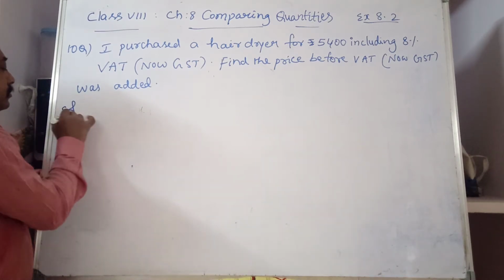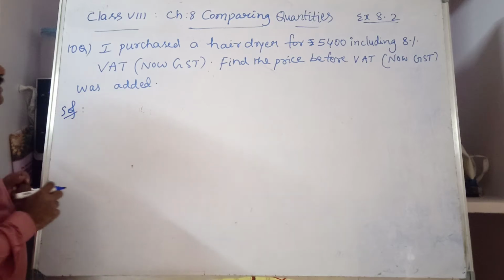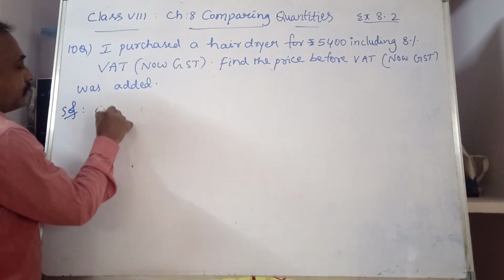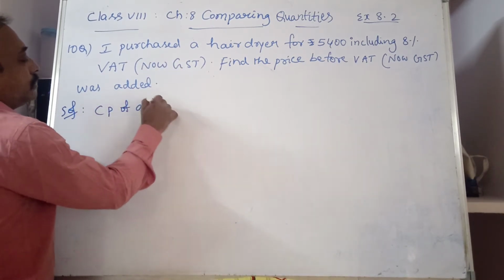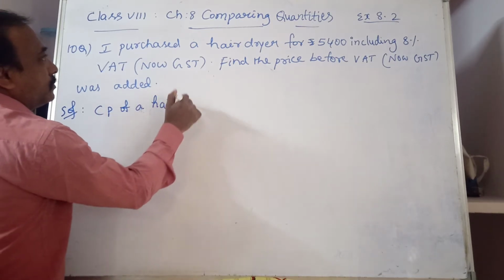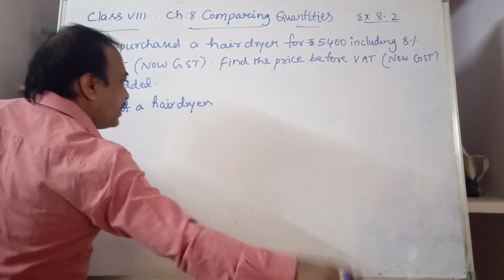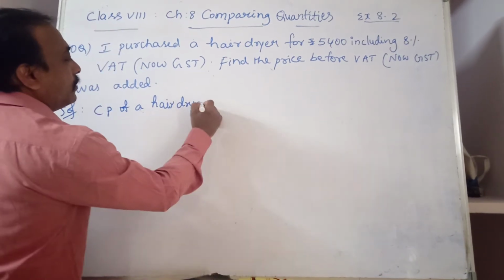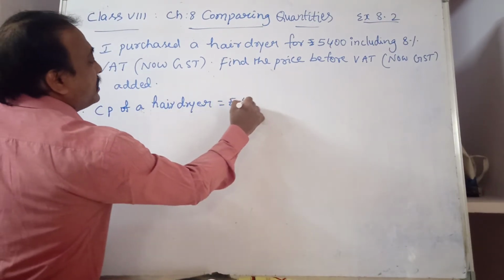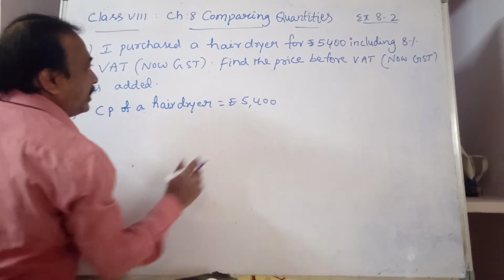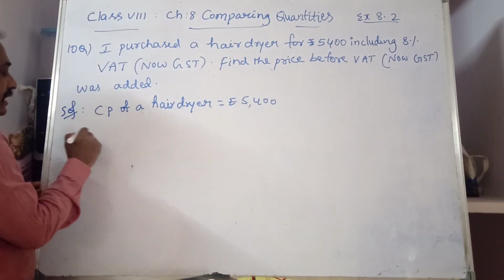Solution. I purchased a hair dryer. CP of hair dryer is equal to rupees 5400.